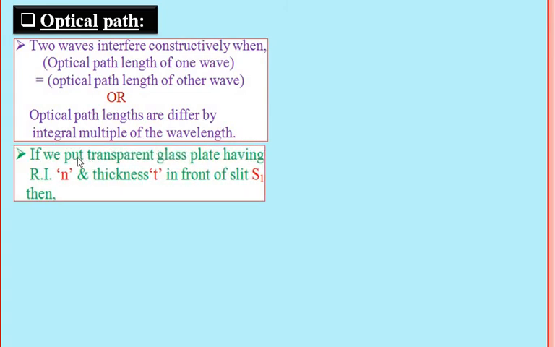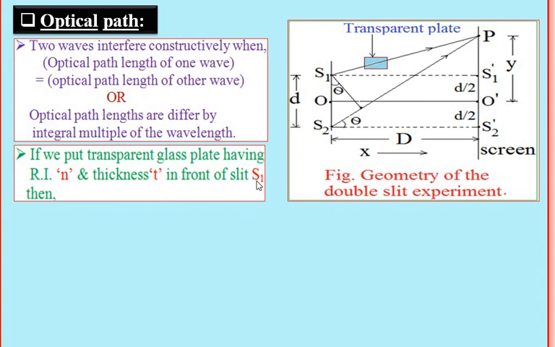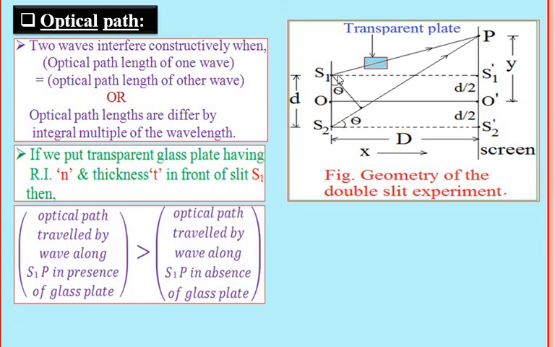If we put a transparent glass plate having refractive index n and thickness t in front of the source S1, then the light rays starting from S1 take more time to reach point P. The optical path traveled by the wave along S1P in the presence of a glass plate is greater than the optical path traveled along S1P in the absence of the glass plate.